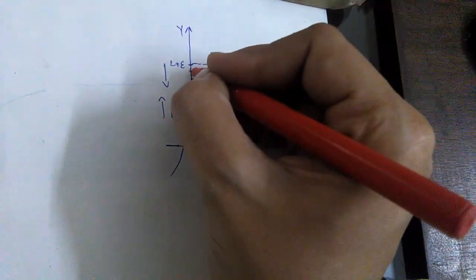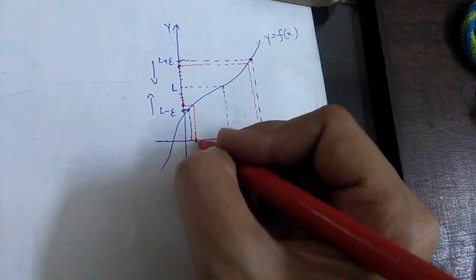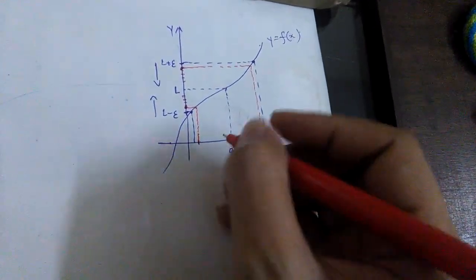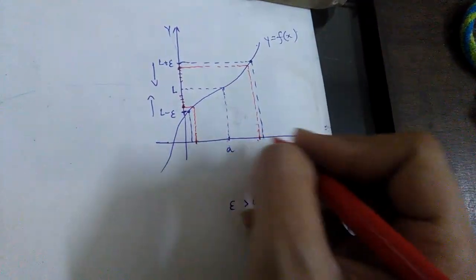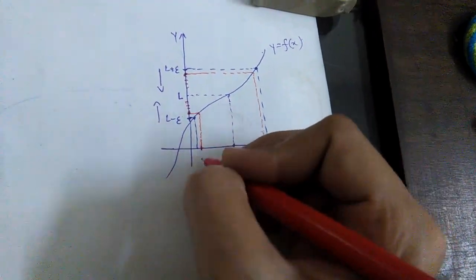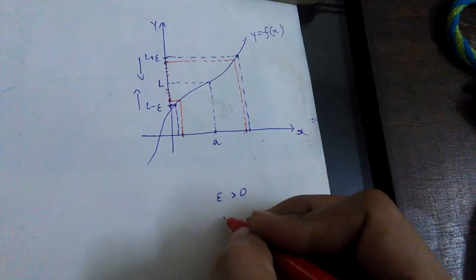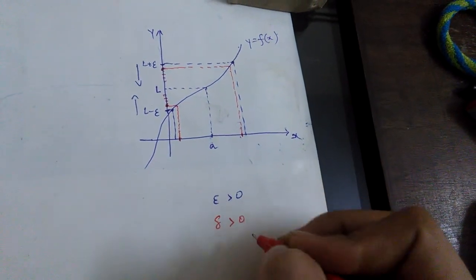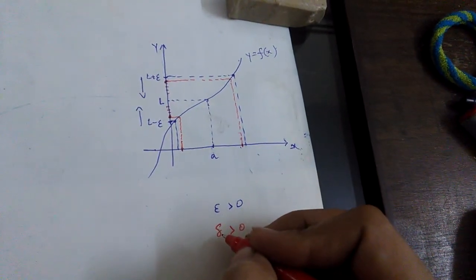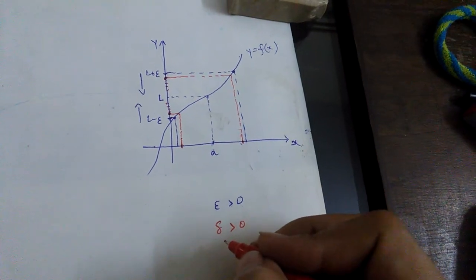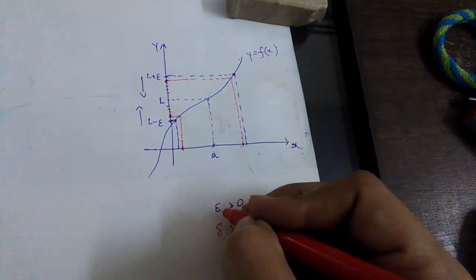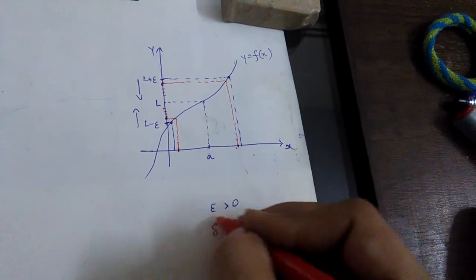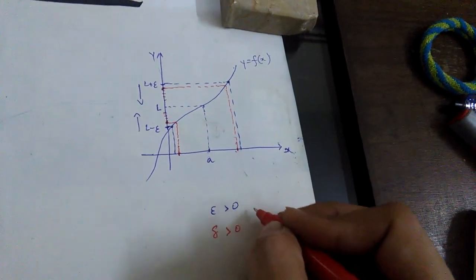Right? Something like this. So I just say that let the interval for the value of x start from here, and with the help of some positive value delta, which is also as small as you can assign it. So with respect to your epsilon, on the basis of the epsilon, you are deciding delta.